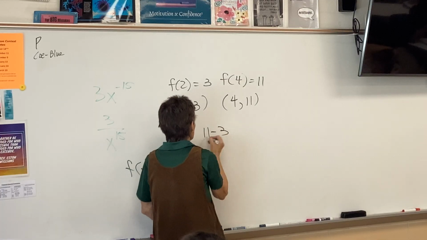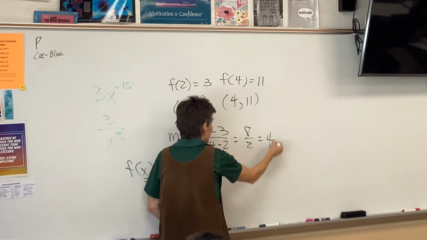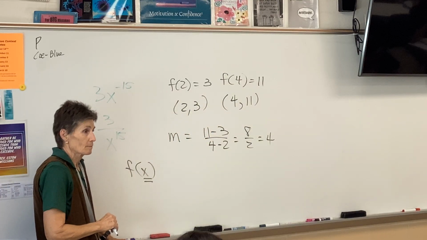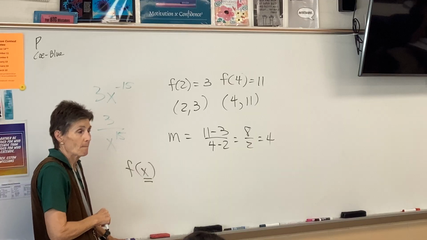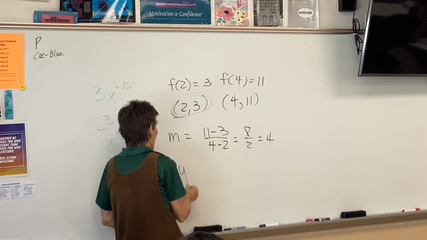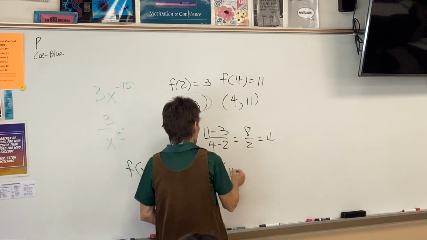The slope is 4. And then what? Point slope. Pick a point. I'll just use this one. Y minus 3 equals 4 times x minus 2.